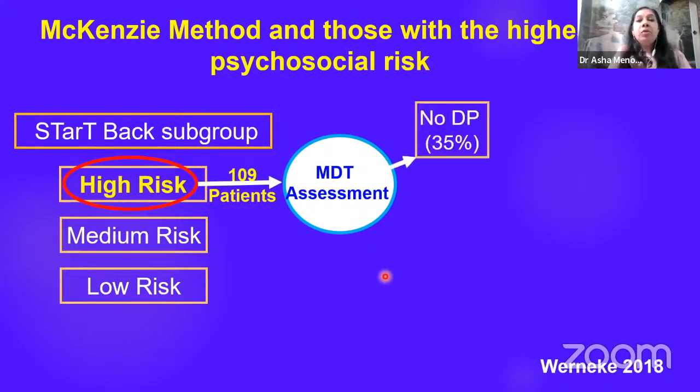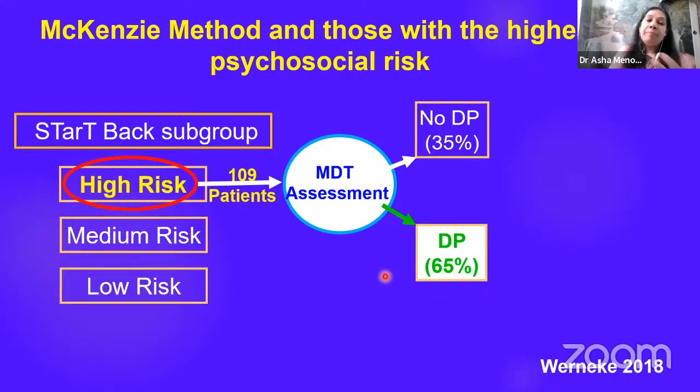It was seen that there was no directional preference in 35% of the patients. And that means 35% of these patients would need multidisciplinary treatment, etc. But 65% of the patients got a directional preference post MDT assessment. So what does it tell us? In directional preference, we have said that it is rapid reversals.